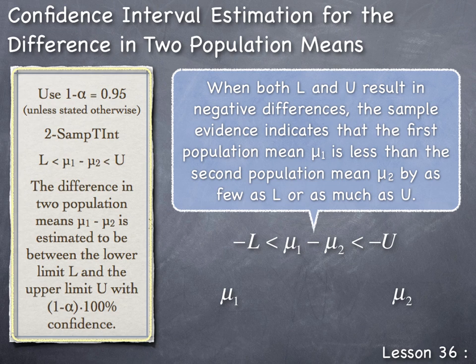Now, since we didn't conduct a census and we don't know the actual values of the population means, we just have sample results and we have a confidence interval that estimates the values of these population means.